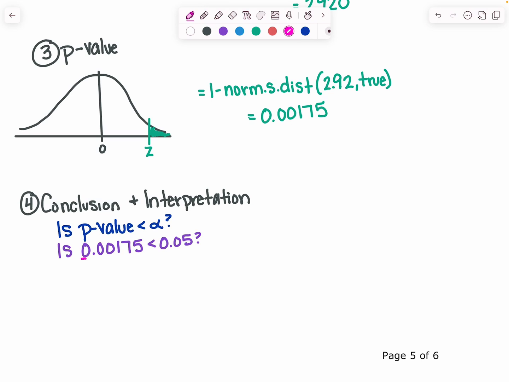So I'm going to look a digit at a time. Those are both zeros. Those are decimal points. Those are zeros. That's a 0, and that's a 5. So my p-value is less than my alpha. My p-value is low, so I'm going to reject the null hypothesis.